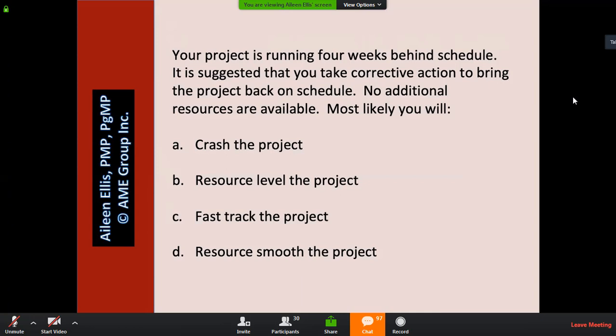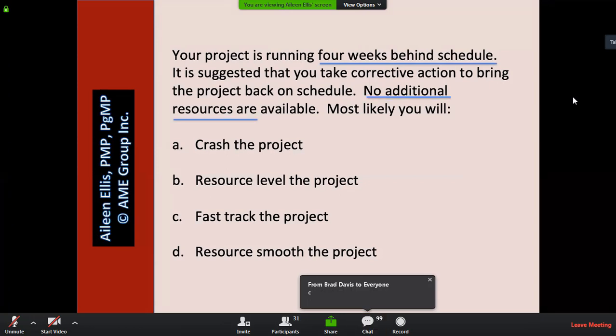It says we're running behind schedule. We're going to take corrective action. There's no additional resources available. So answer A is crash the project.